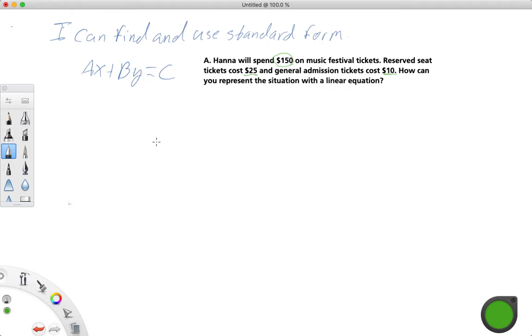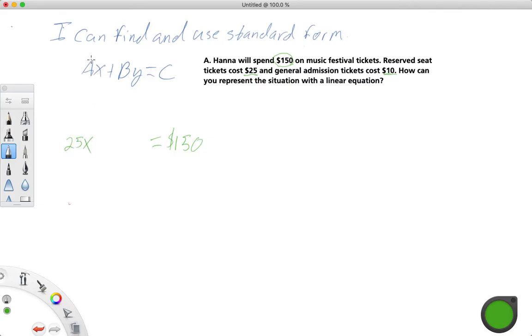Well, C is going to be our total, that's $150. So whatever we get for one plus the other has to equal $150 because it's not an inequality, so we can't spend less and we can't spend more. Let's say the reserved seats are the X seats.